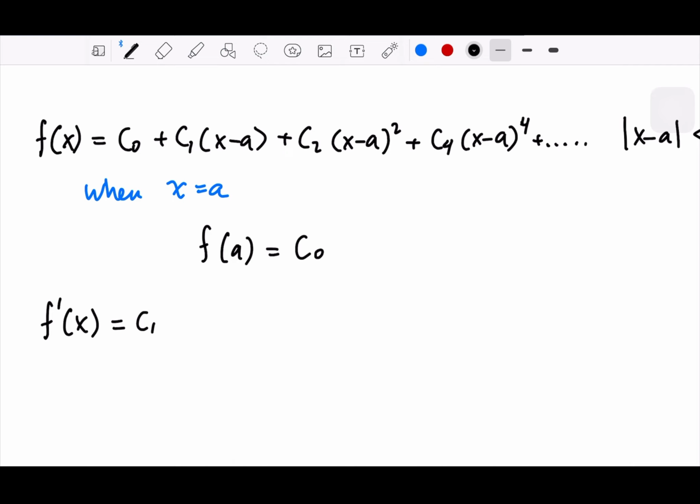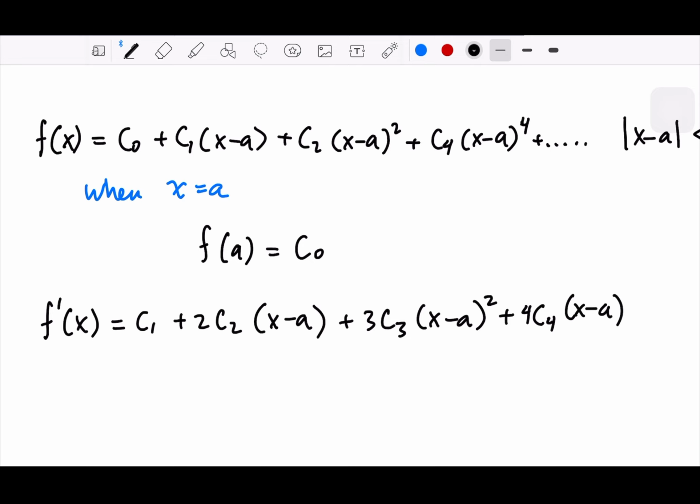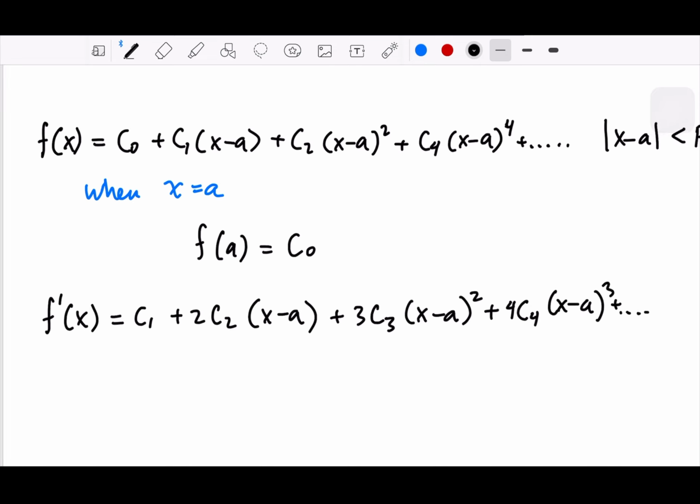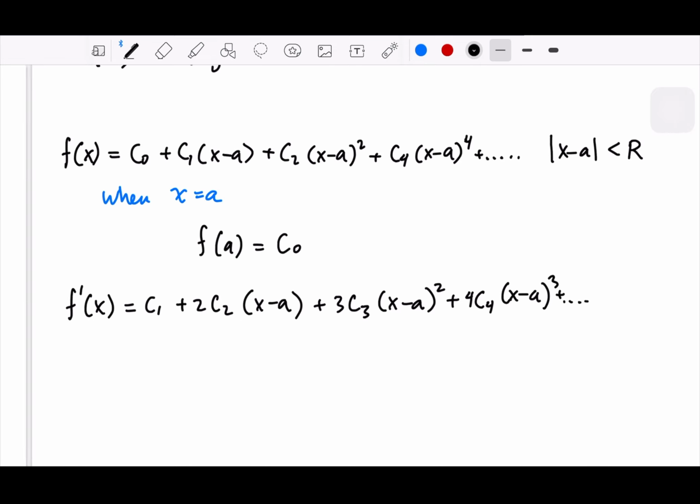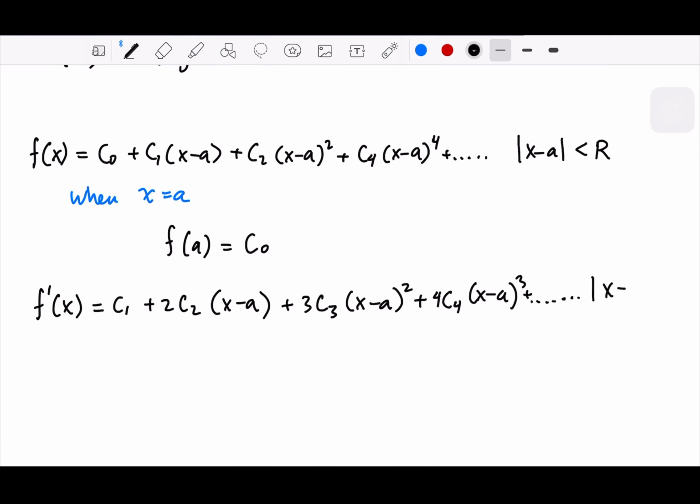Plus, then x minus a. And then plus 3C3 times x minus a squared, plus 4C4 times x minus a cubed, plus dot dot dot, and still we have x minus a being within the radius.